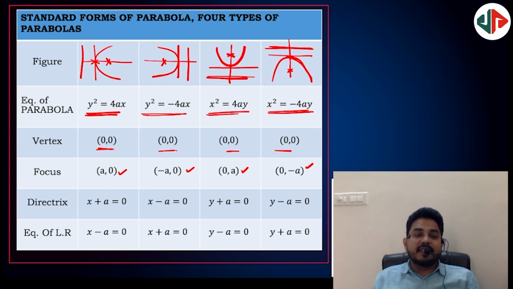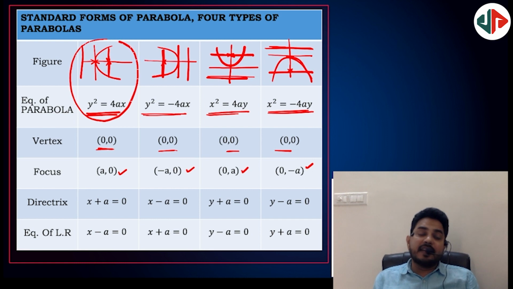The equation of the latus rectum is x is equal to a, x is equal to minus a, y is equal to a, y is equal to minus a. These are the main four parabolas; we'll call them the standard parabolas, and all the formulas are derived about these only.